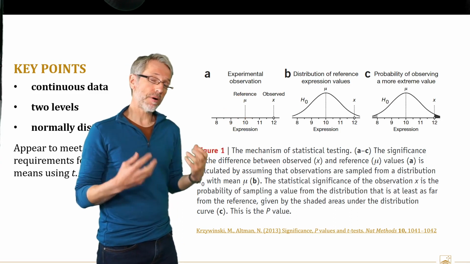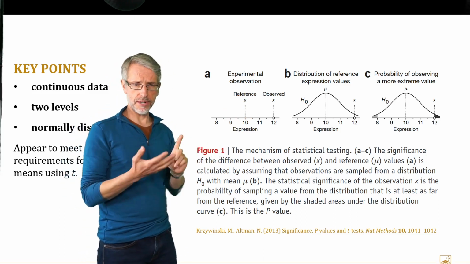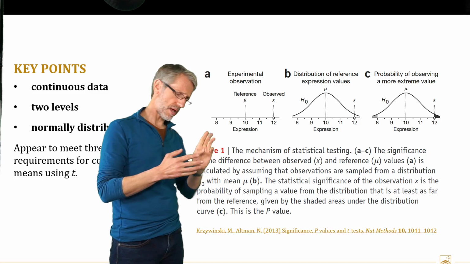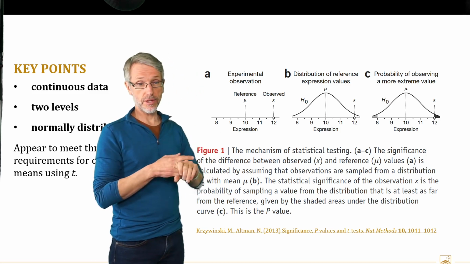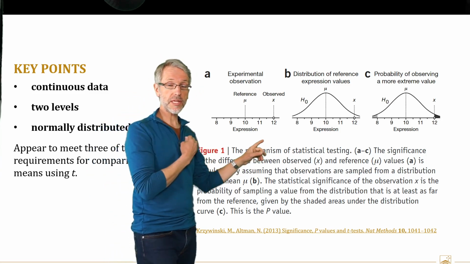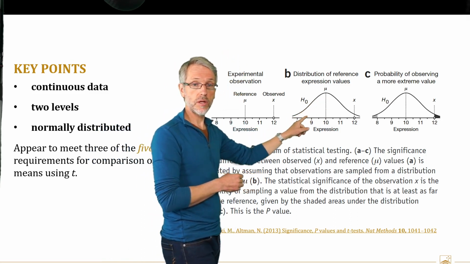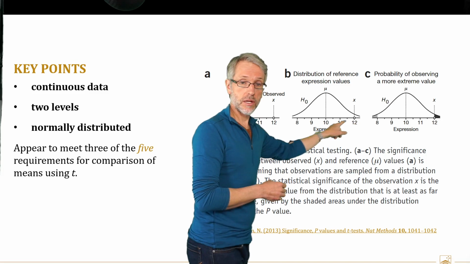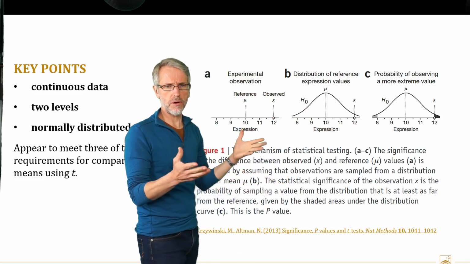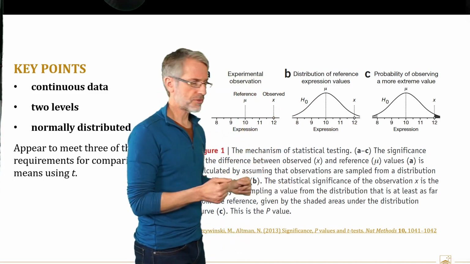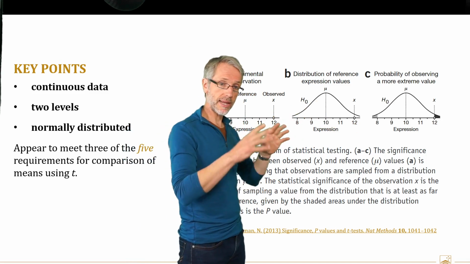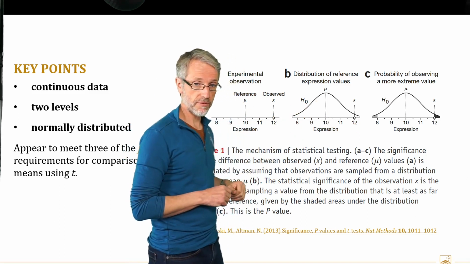Now, based upon our data, the number of observations we have, the standard error, and our t-value, we can calculate a curve, a t distribution based upon, again, the number of observations we have.